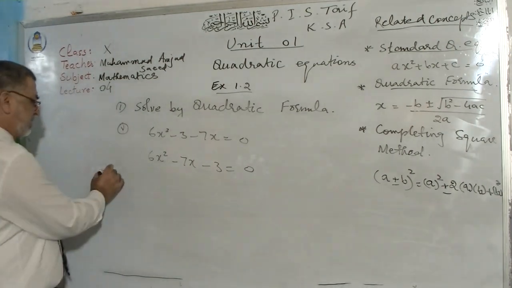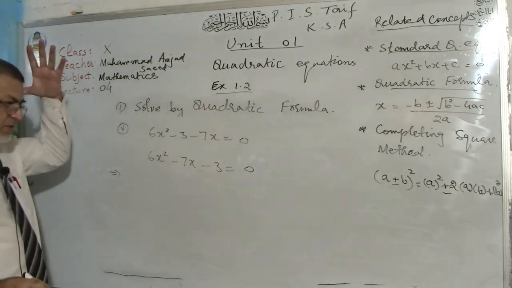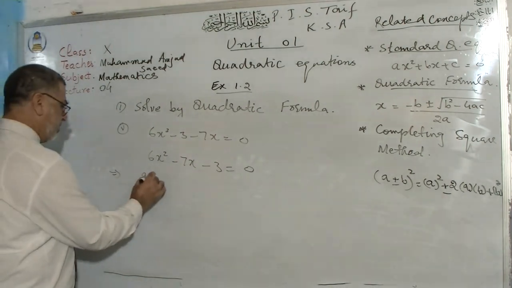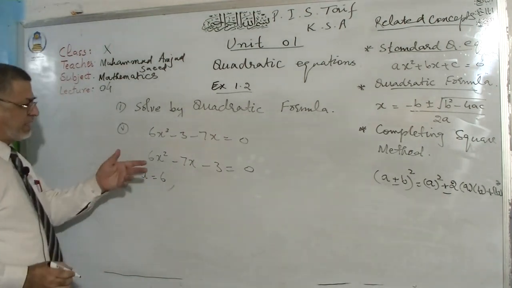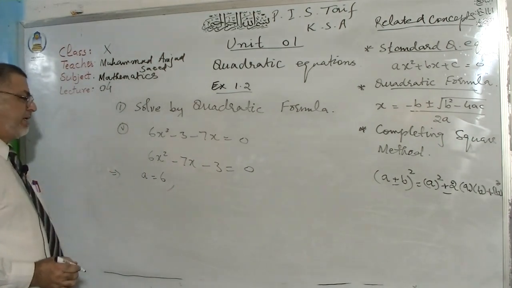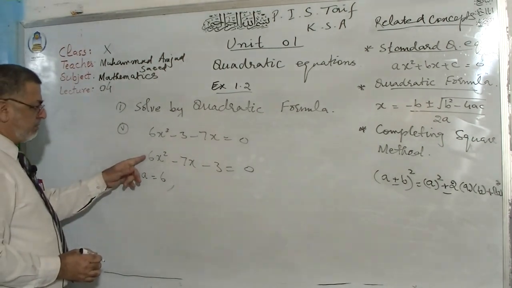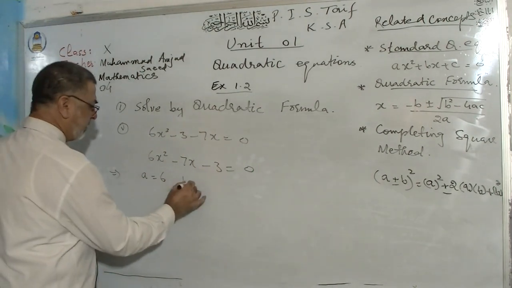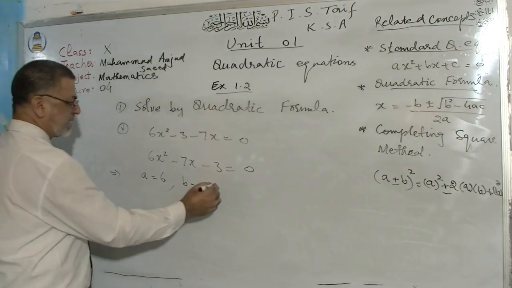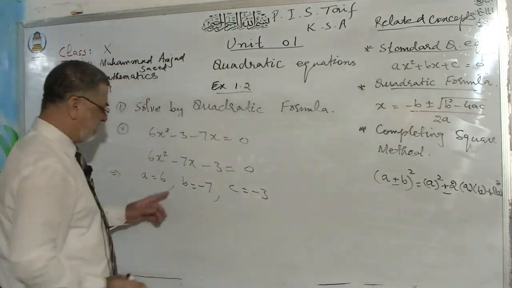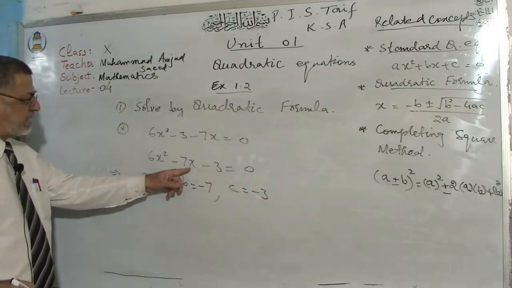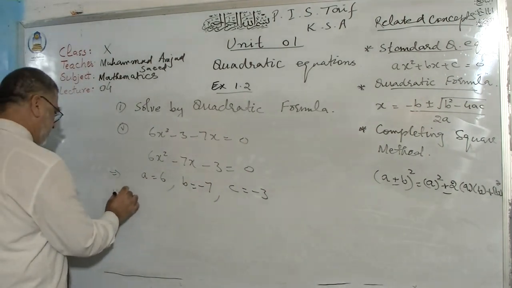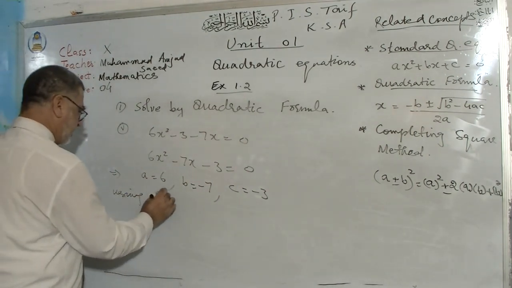So from here, I think you can have a better idea that, comparing with the standard quadratic equation, I am writing down directly now. a is the coefficient of x squared, b is the coefficient of x, c is the constant. b is the coefficient of x, that is minus 7, and c is minus 3. Using values in the quadratic formula.